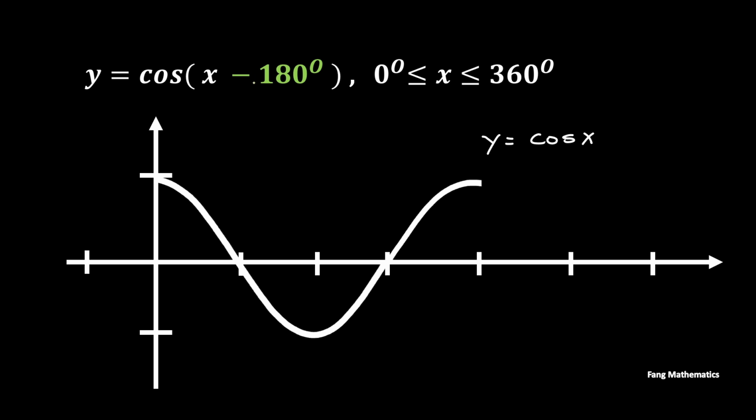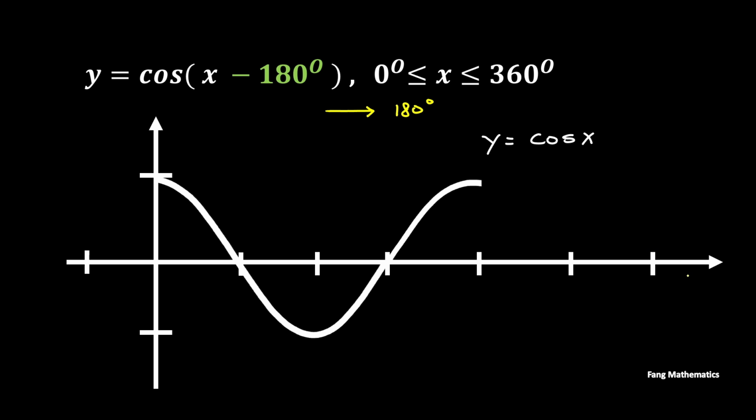Let's refer to this minus 180 degrees inside the parentheses. Inside the parentheses tells you it is inside the function. We are going to perform horizontal shifting. Then, by using the sign, you should know that we perform it in the opposite direction. So we move towards the right. And the 180 degrees tells you we move 180 degrees.